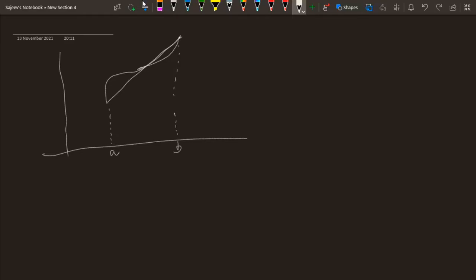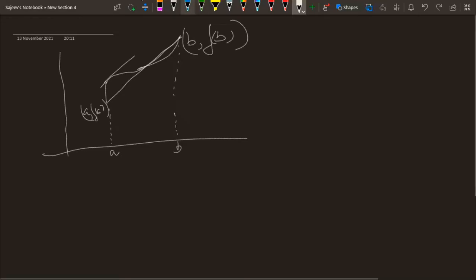Then I can find a c between a comma b such that the slope at that point is equal to the slope of the line joining the points a comma f of a and b comma f of b.